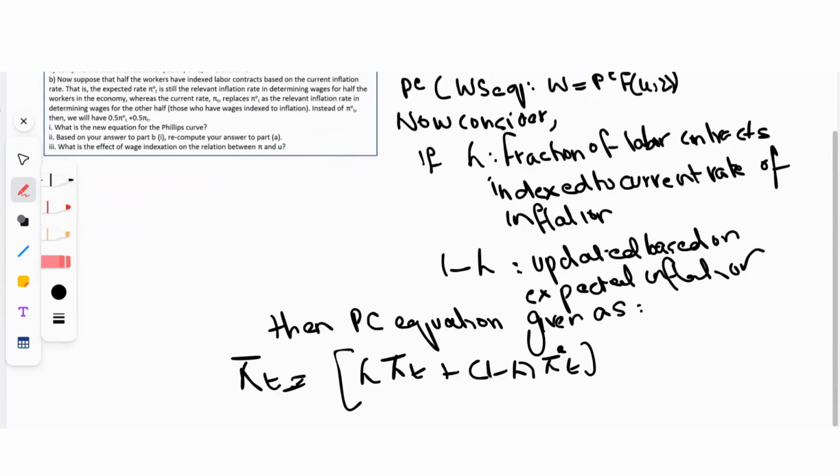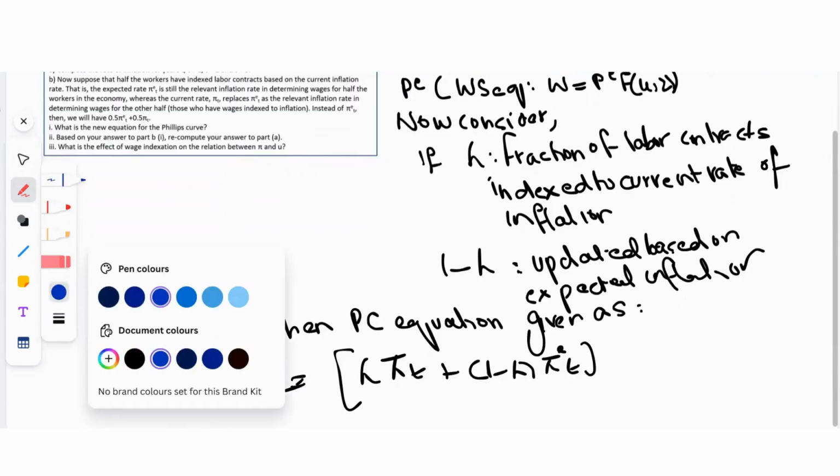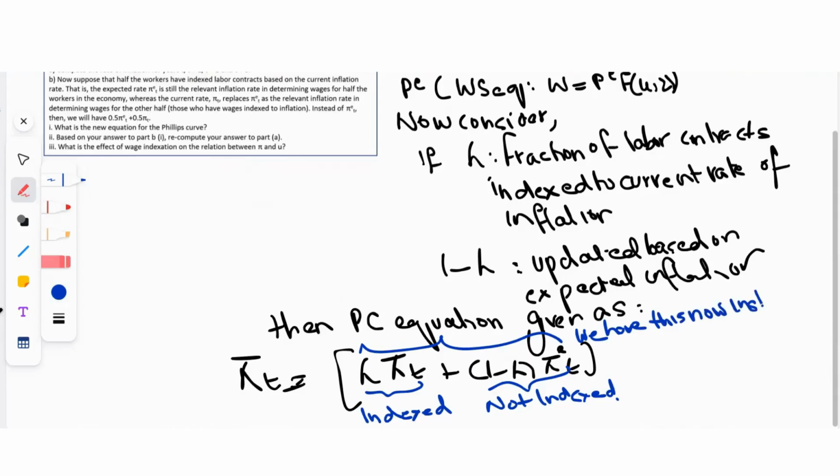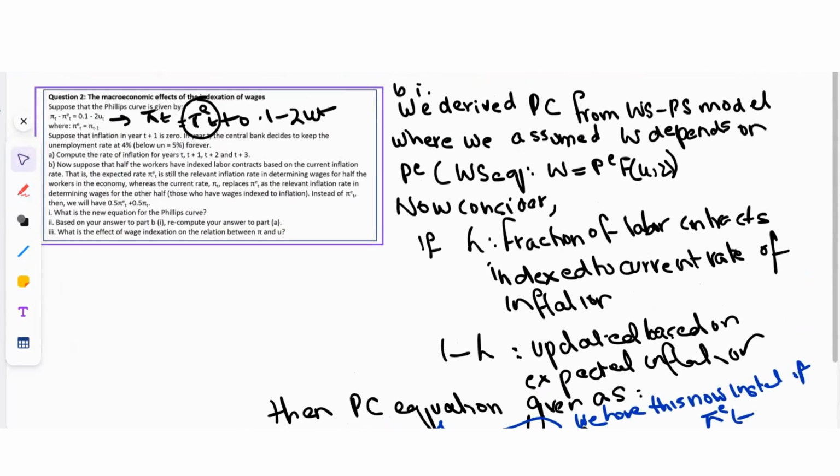So now these are indexed, and these are not indexed. Initially, in our Phillips curve equation, we only had expected inflation here, because we were deriving it from the WS-PS model, where the assumption was that wages are set based on the expected price level, and hence expected inflation.